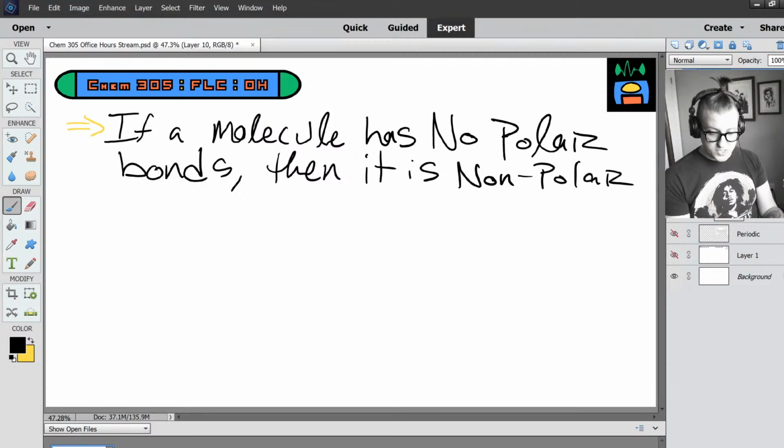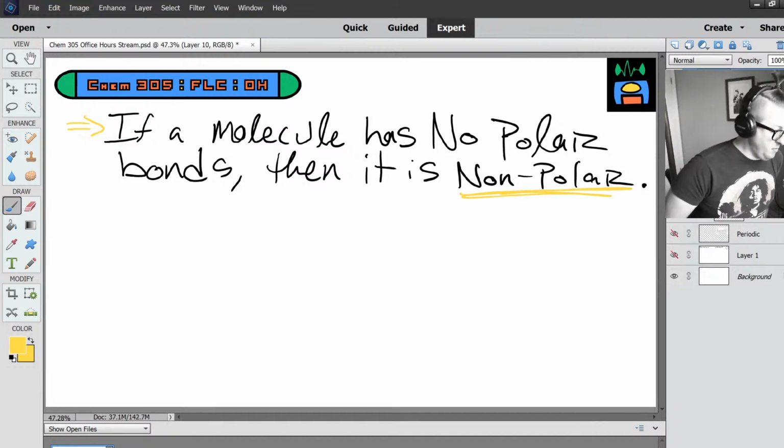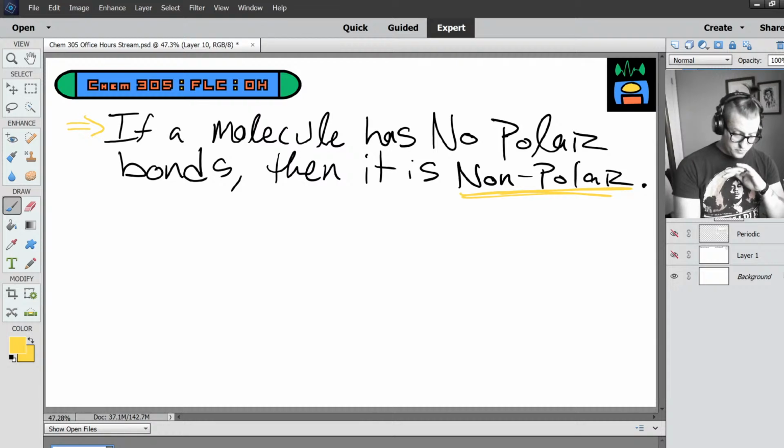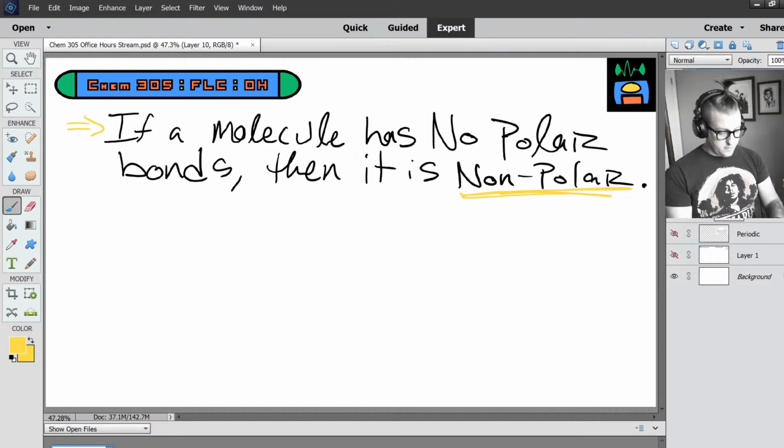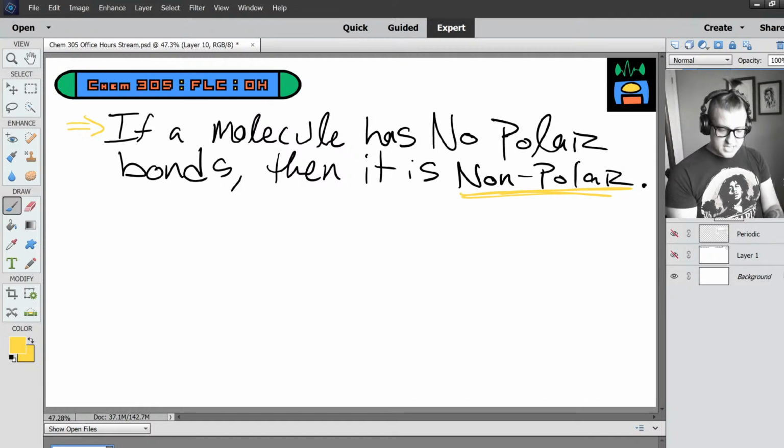All right, so that's the first thing to look for. If a molecule has no polar bonds, it's automatically nonpolar. So that's the first thing to look at. The second, so that's no polar bonds, nonpolar.